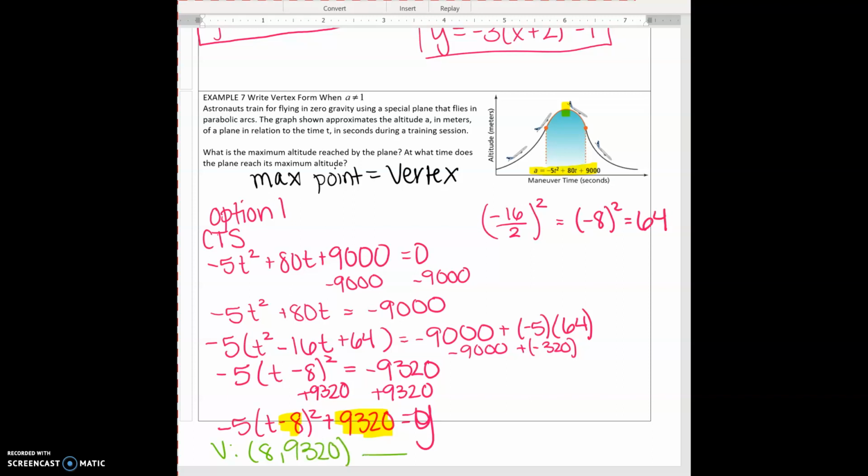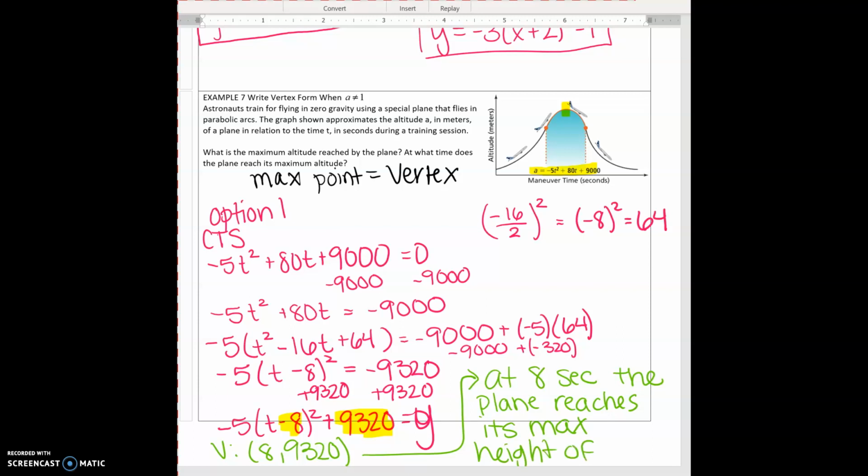So here's our vertex, and that is saying at 8 seconds, the plane reaches its max height of 9,320 meters.